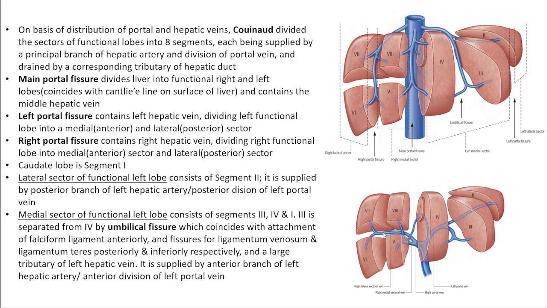The anterior branch will supply the medial or anterior sector consisting of lower segment 5 and upper segment 8, and the posterior division of the portal vein or the posterior branch of the right hepatic artery will supply the lateral or posterior sector, which is divided into a lower segment 6 and an upper segment 7. Right.